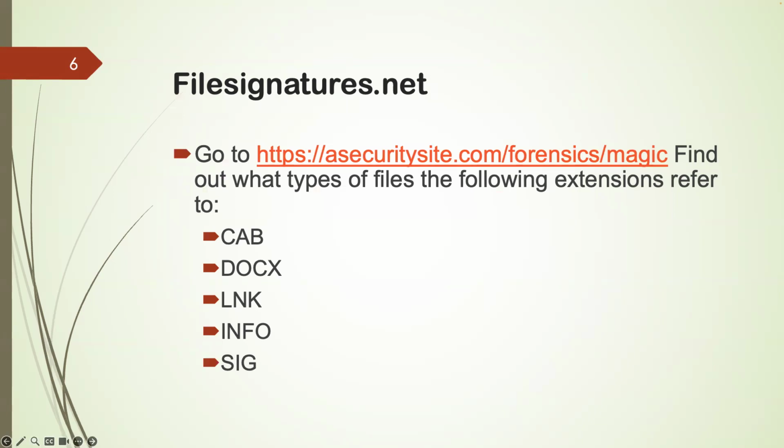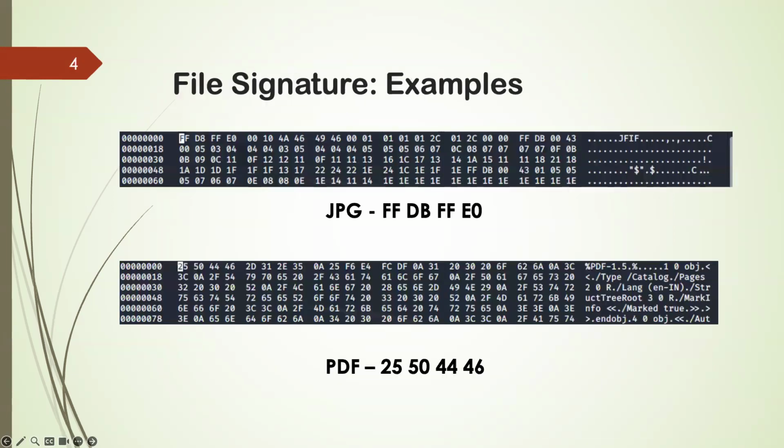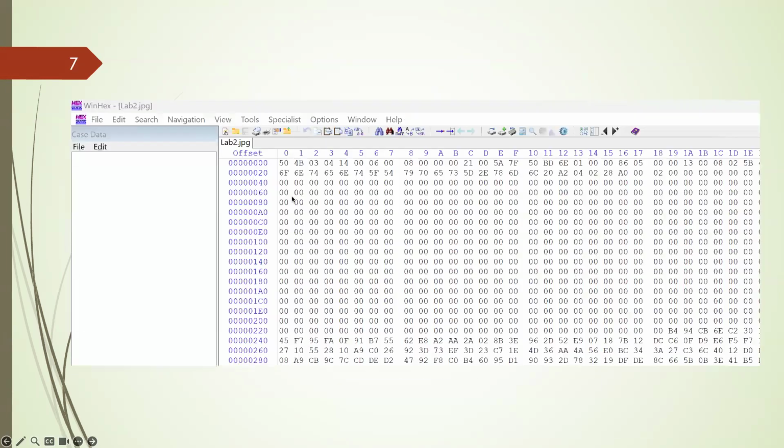Now, if you remember lab2.jpg, which appeared to be a JPEG file in our initial analysis, or the slide that I showed you, when I open this file in a hex editor like WinHex, the first 4 bytes of its file signature are 504B0304.